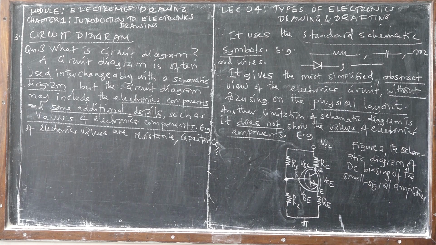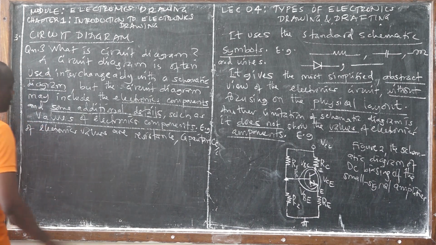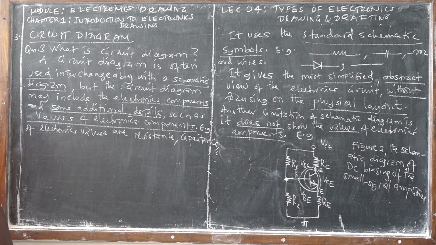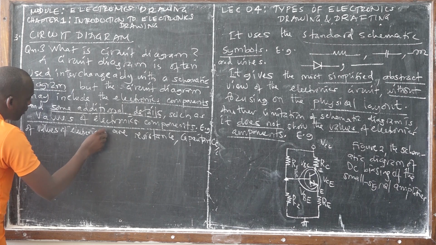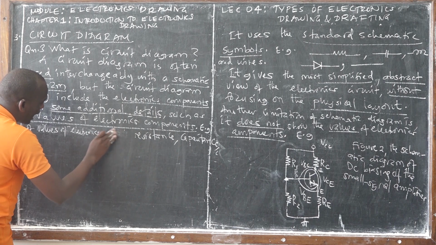Resistor is an electronics component; resistance is an electric property.